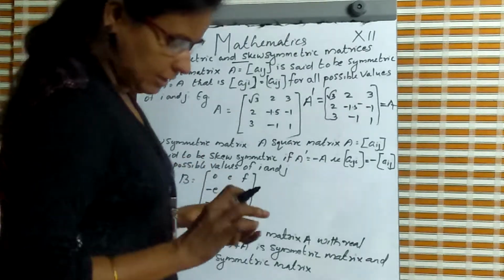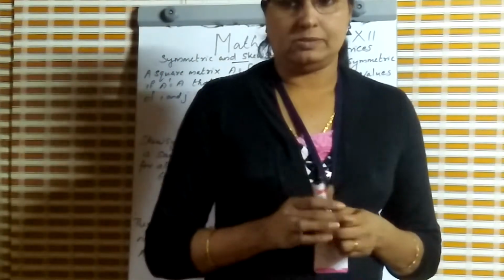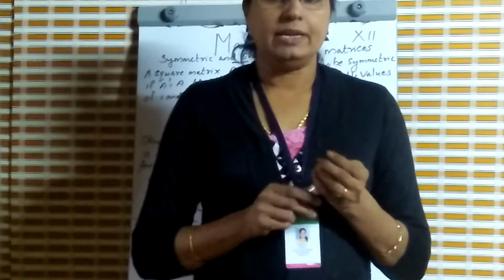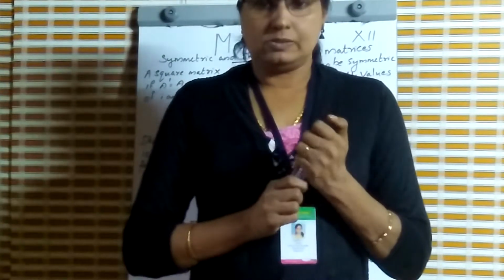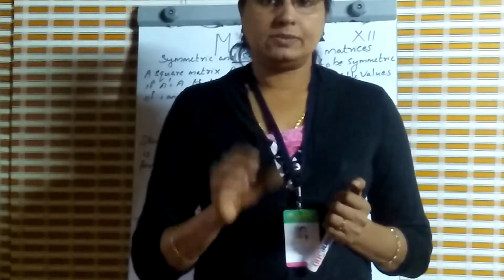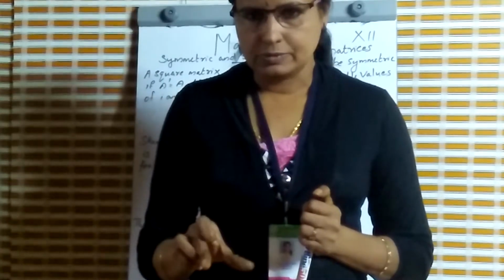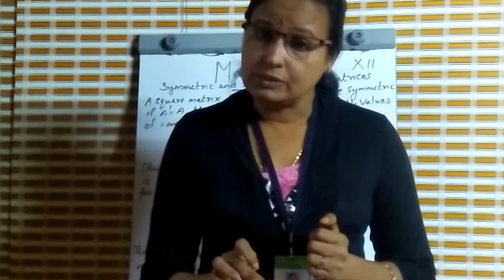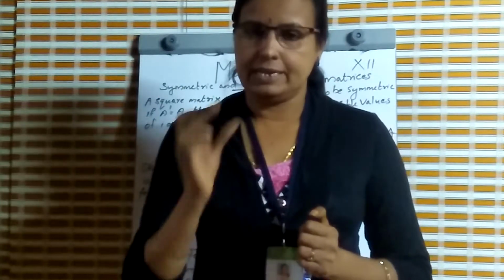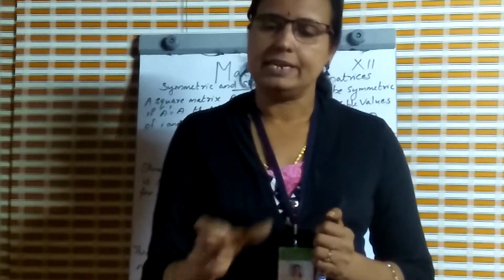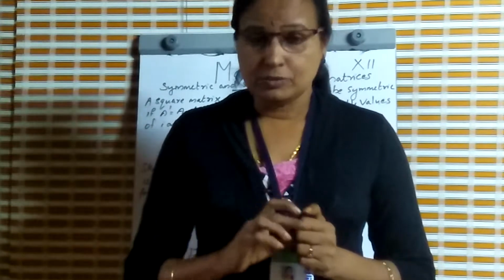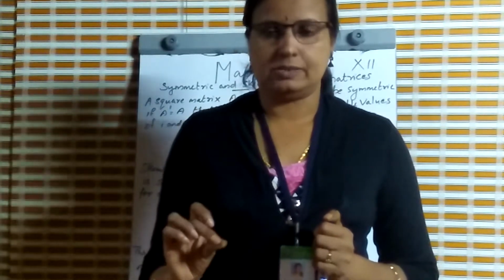Now, the second one is skew symmetric. If A = [aij] is a square matrix, it is said to be skew symmetric if A transpose is equal to minus A. That matrix is called a skew symmetric matrix.